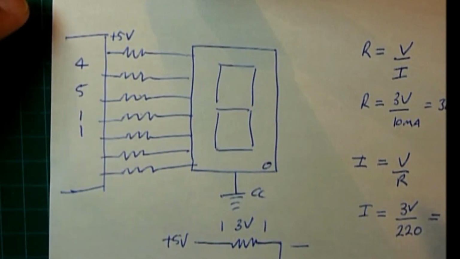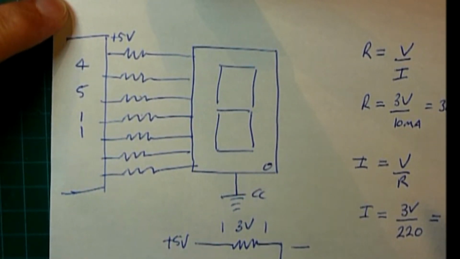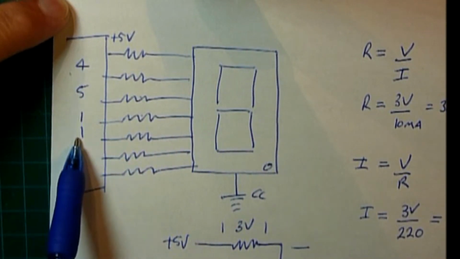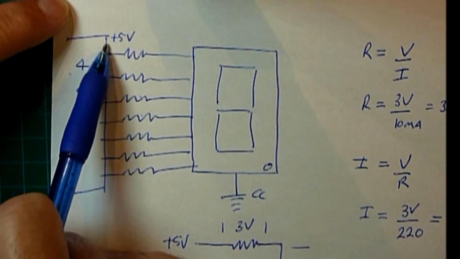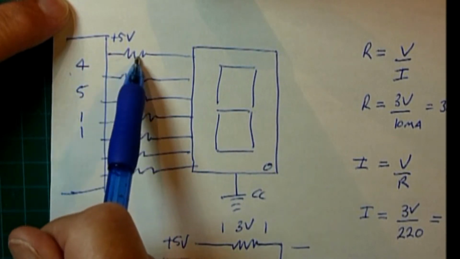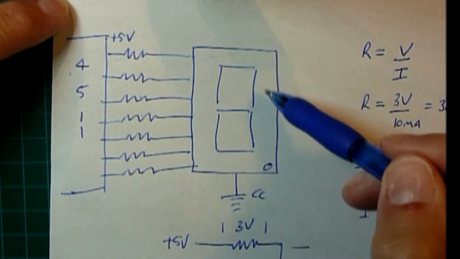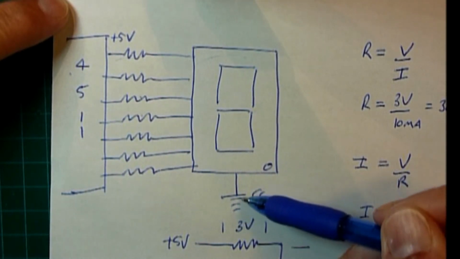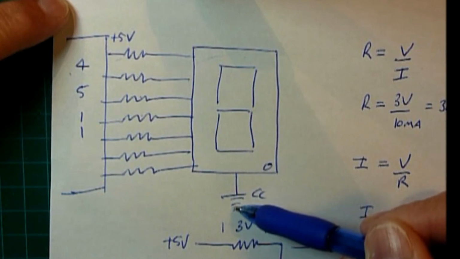Okay, if we now take a look at how do we determine the series resistor for the display. If we have a display driver such as the 4511, it's putting out 5 volts on the driver pins. We have the series resistor going into the 7-segment display. In this case, we'll use a common cathode, so the common pin connected to ground.